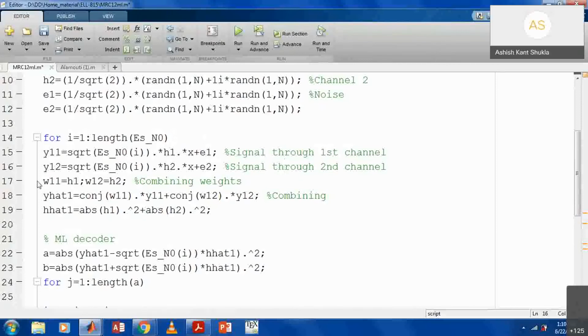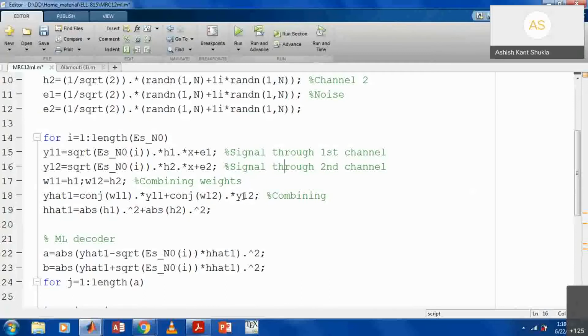for combining we need some weight. So here we have defined weight as H1 for the first receiver and S2 for the second receiver. So the overall received symbol will be Y hat 1 is equal to conjugate of W11 into Y11 plus conjugate of W12 into Y12.